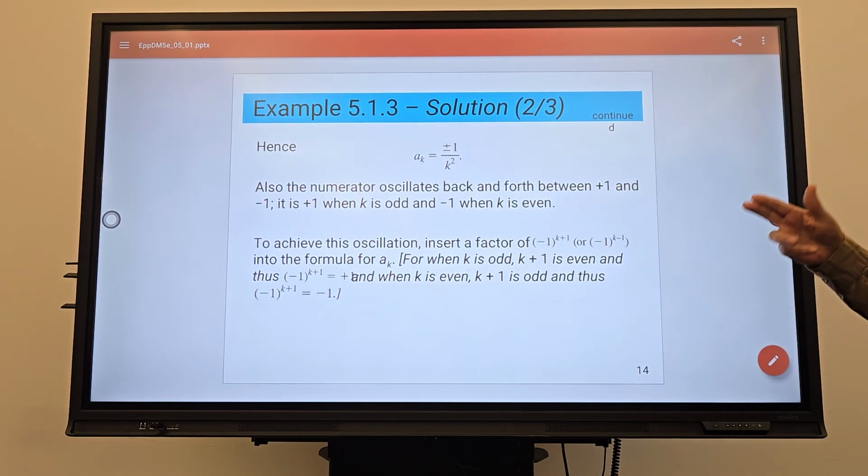Well, from the previous example, the numerator oscillates back and forth between plus 1 and negative 1. It is plus 1 when k is odd and minus 1 when k is even. To achieve this oscillation, insert a factor of minus 1 to the k plus 1 power, or minus 1 to the k minus 1 power, into the formula for a sub k.